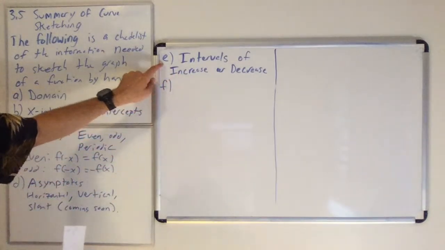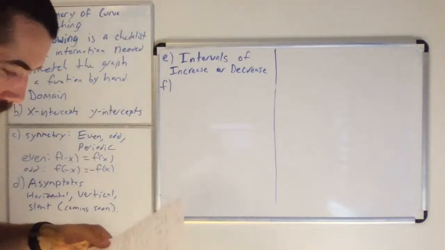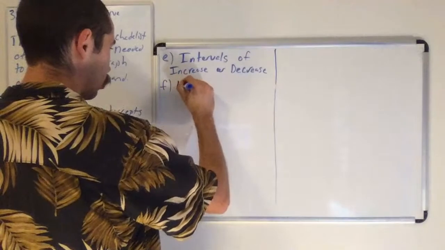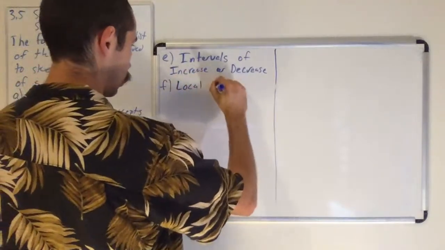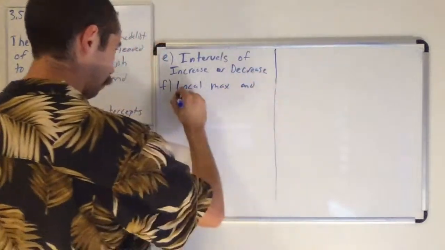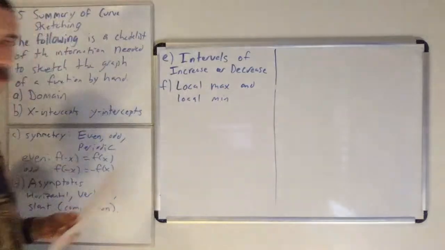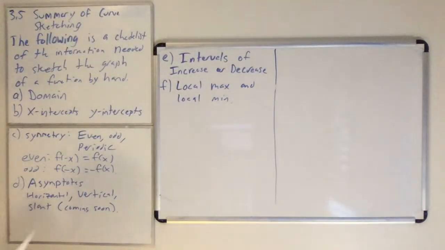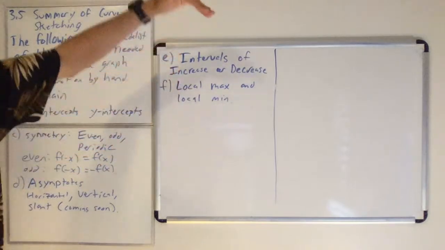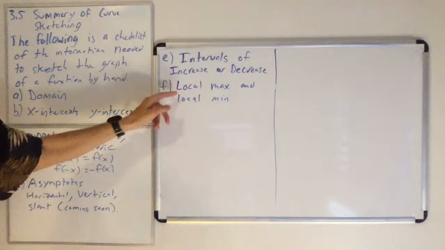Okay, so we finally take our derivative at part E. Part F is local max and local min. So we want to find when our function goes from increasing to decreasing or decreasing to increasing.